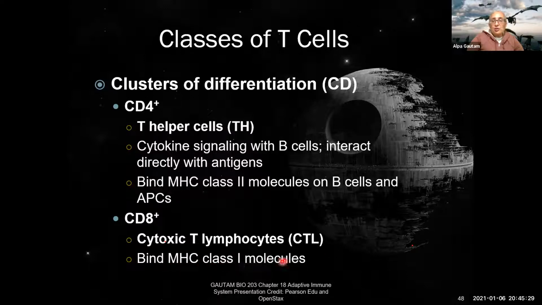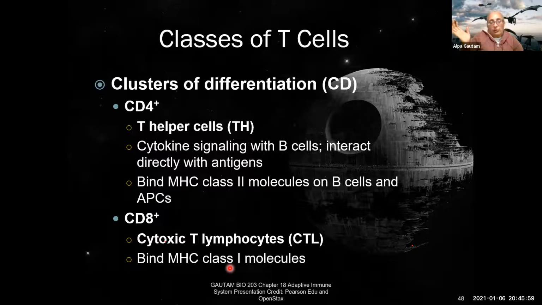MHC class 1 molecules are present on all of our cells except for red blood cells. I'll say that again. The MHC class 1 molecules are present on all of our cells except for our red blood cells, because our red blood cells have the type A or type B proteins, or both of them, sticking out.